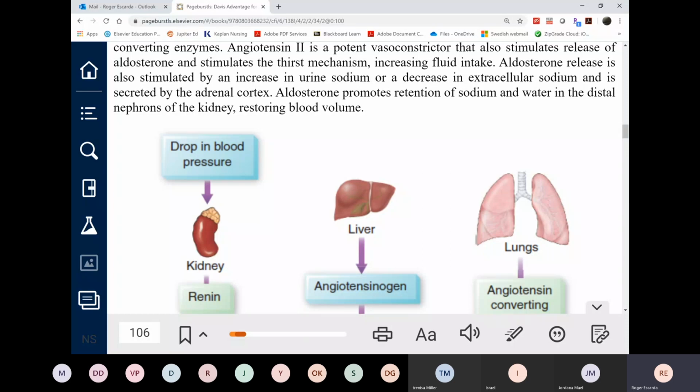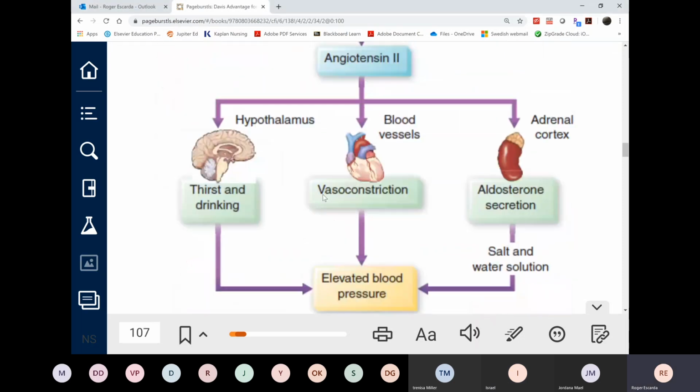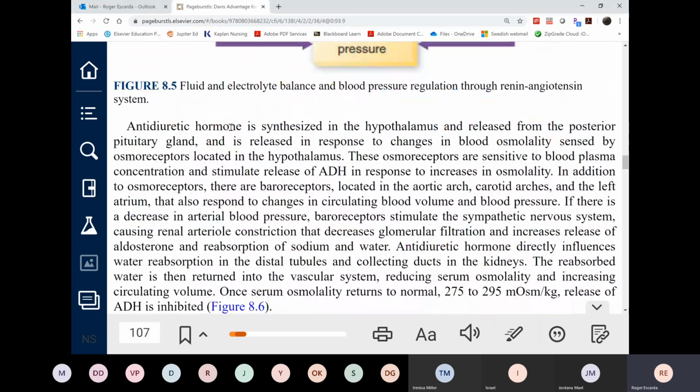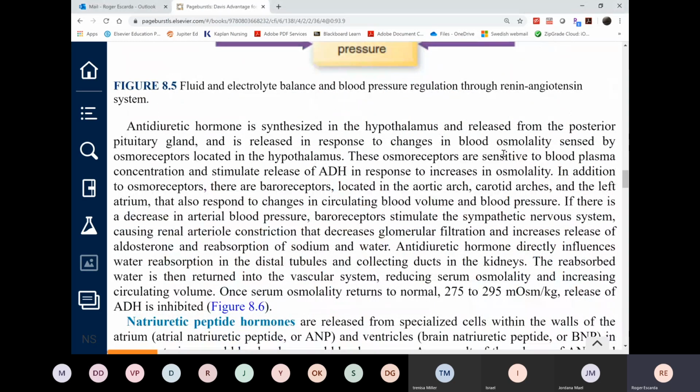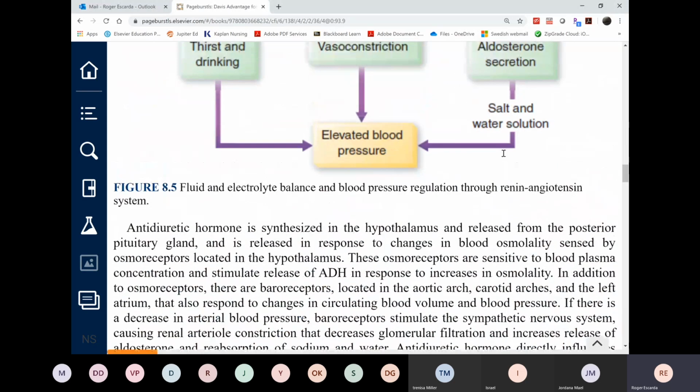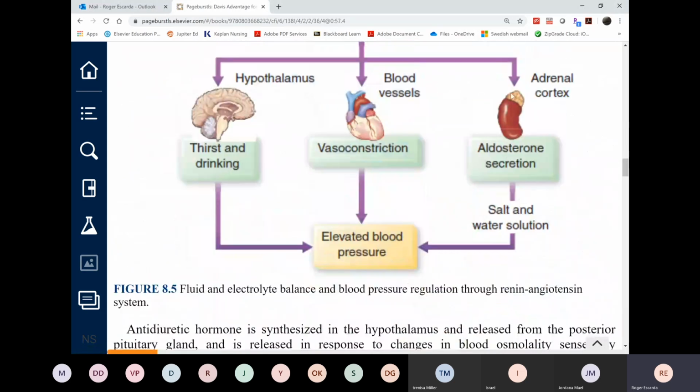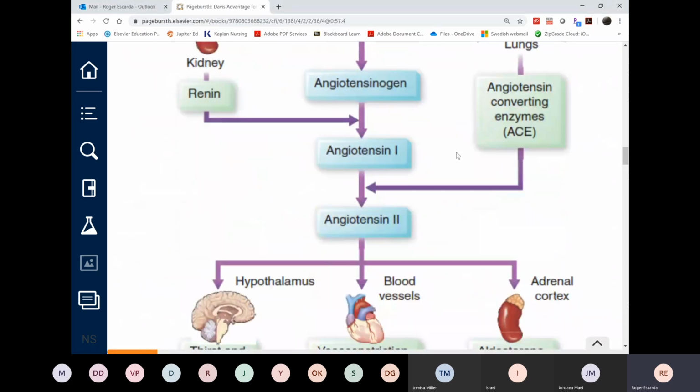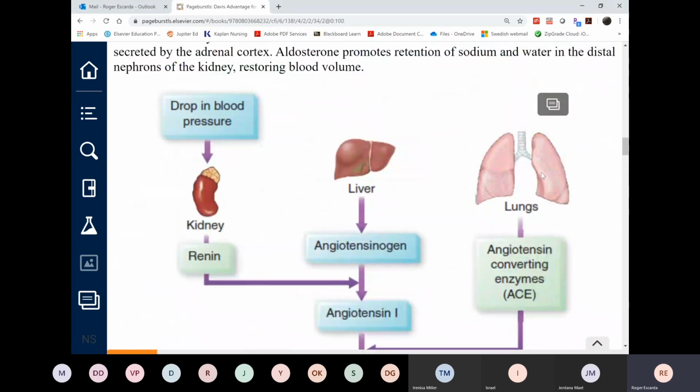This will again trigger the release of not only your renin-angiotensin, but in the hypothalamus, antidiuretic hormone is also being released. Unlike aldosterone, which will be released by the adrenal cortex in response to this, again, same drop in blood pressure.